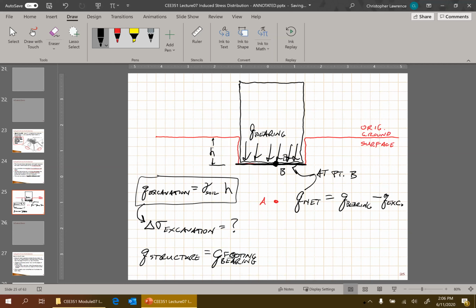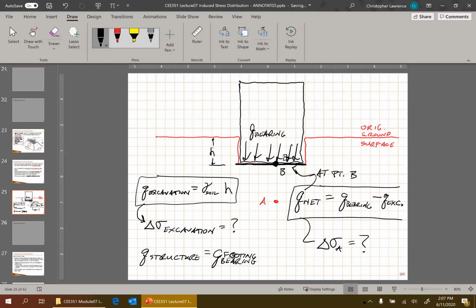We need to consider both of those, and that is the net pressure applied at point B, which then gives us the induced stress at point A.